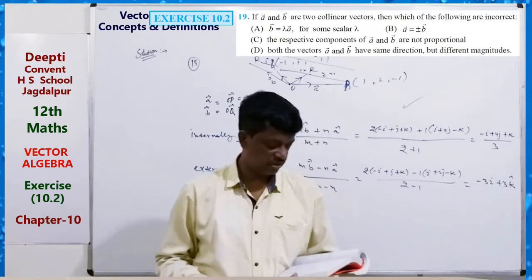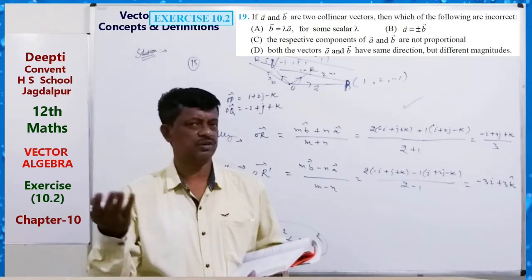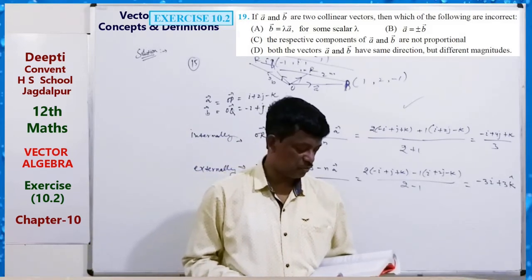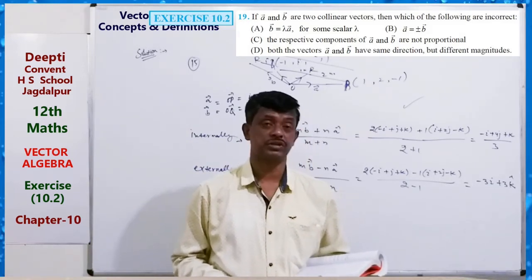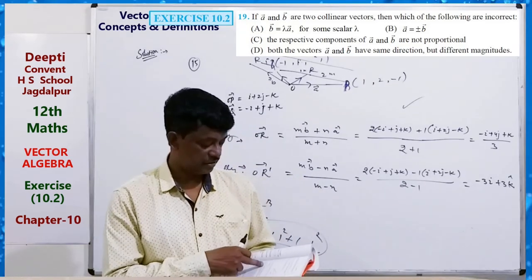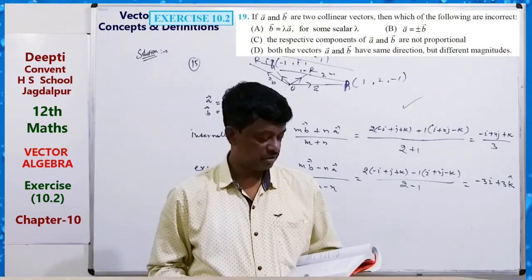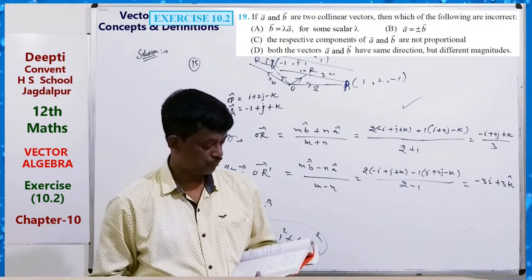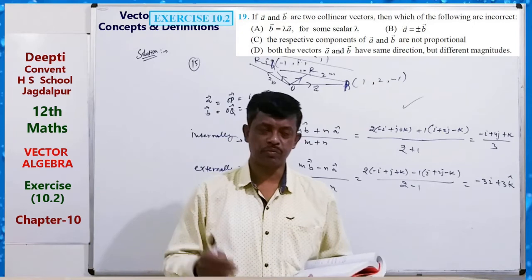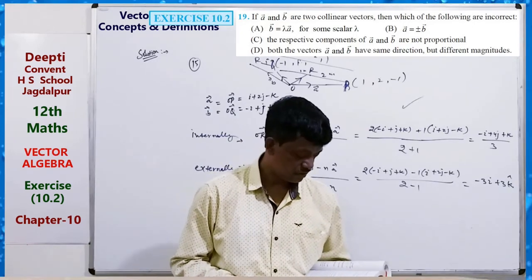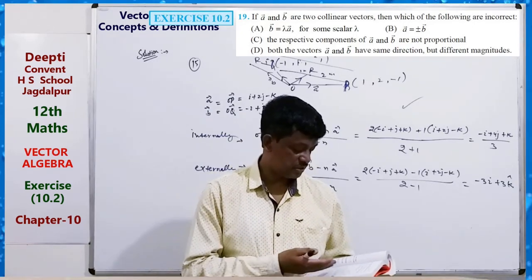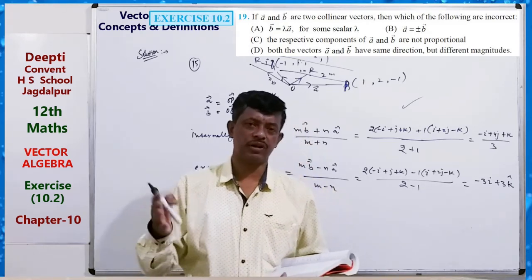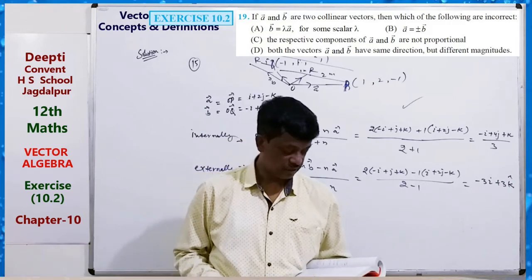A equal to plus minus B, lambda equal to plus minus 1, then you can take it like this. The respective components of A and B are not proportional. Because collinear vectors means they are parallel to one line, so this is also correct.